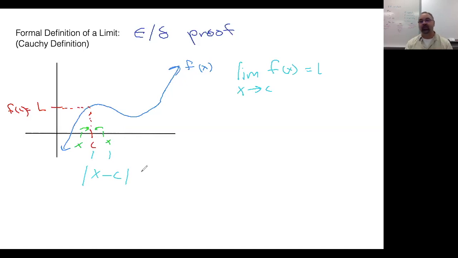And all we mean by approaches then is what? Well, that distance is getting smaller. How small? Well, that horizontal distance is less than some arbitrary value, lowercase delta. That's the lowercase version of delta. You've probably seen the uppercase version of delta a lot. We know that means change, earlier when we talked about slope, we used delta y over delta x, right?